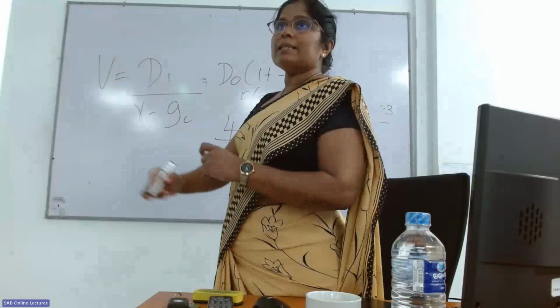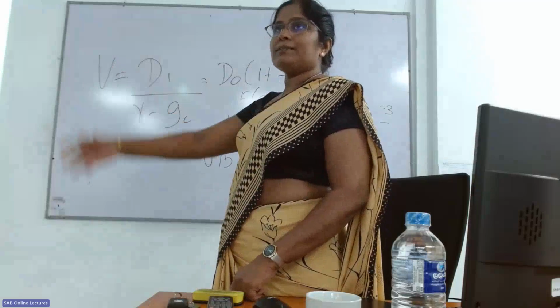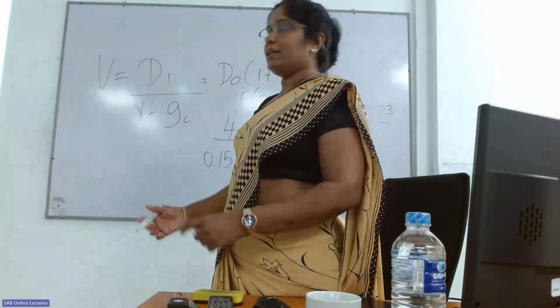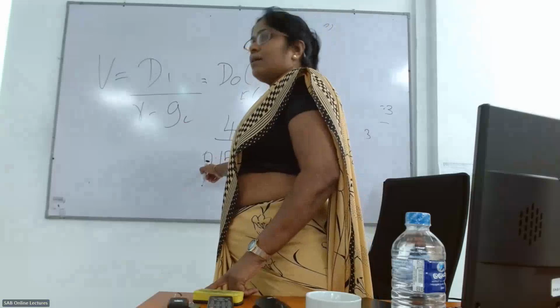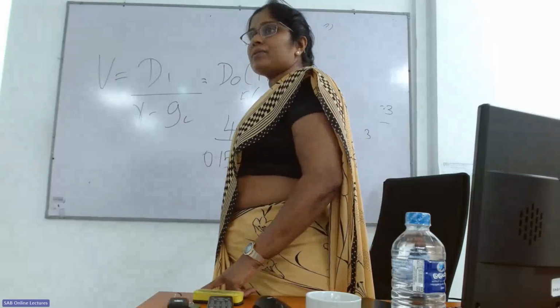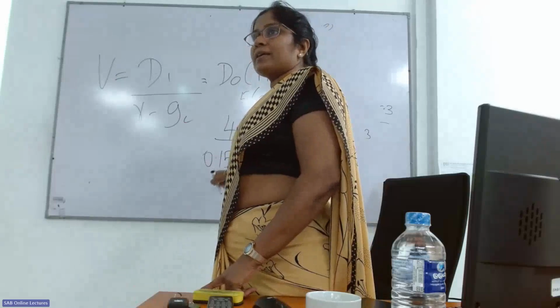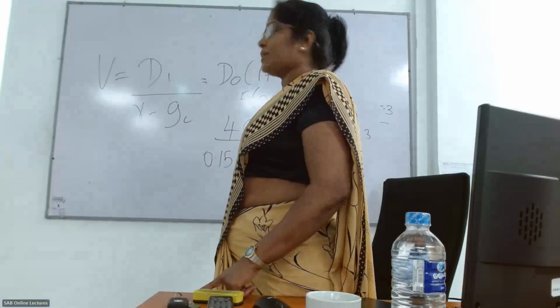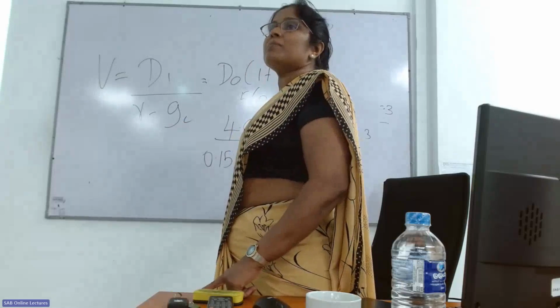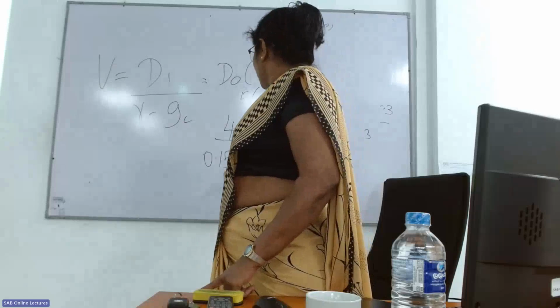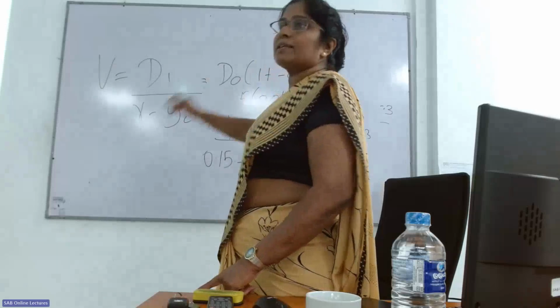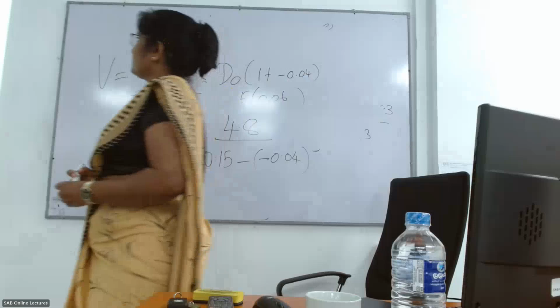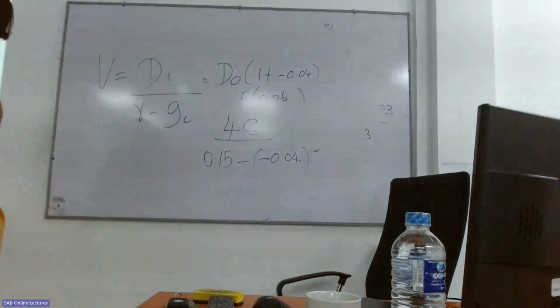When there is a negative growth, or a decline in the constant rate of dividend, here it is required rate of return minus growth rate normally. So required rate of return minus growth rate, then minus this will become positive. So then 15 plus this. So you can calculate the value. What is the value?